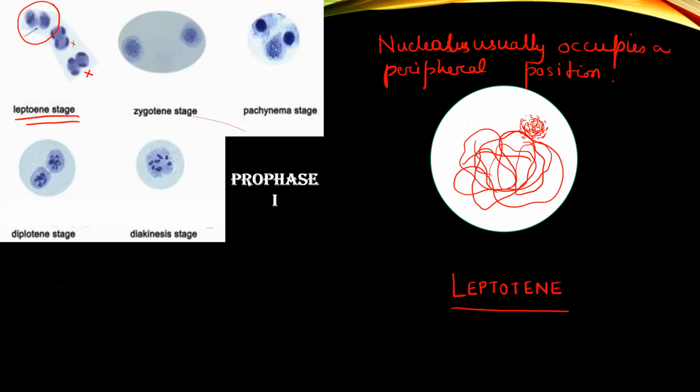Remember this, right? So if you get to see these characters, you will identify this substage to be leptotene of meiotic prophase 1.